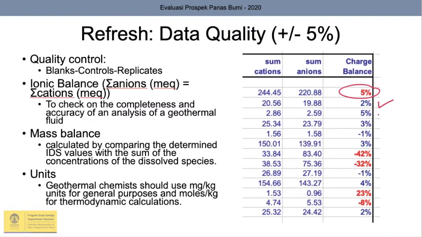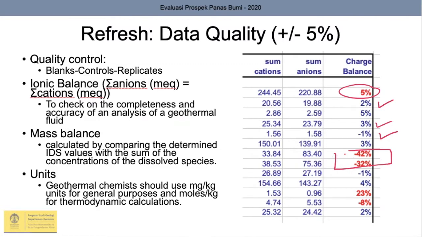So this data is good, this data is good, this one's also good. However, if you have this type of data, it doesn't mean that you cannot use it, but you have to reassess whether you would include these data in your calculation, such as in the geothermometer or in the fluid type determination.